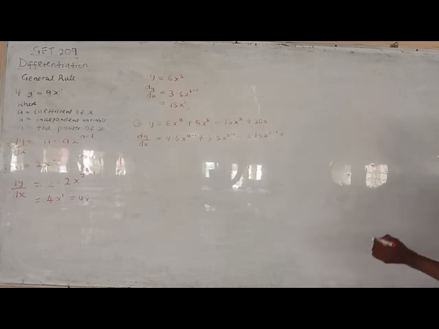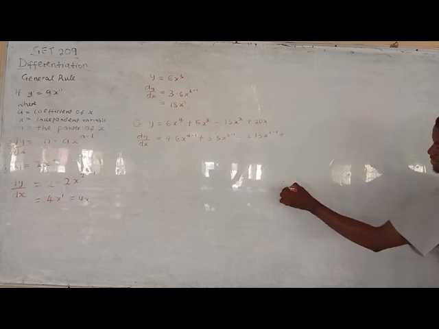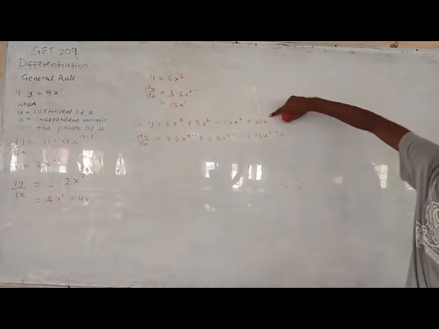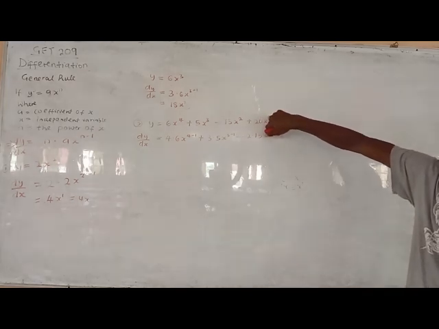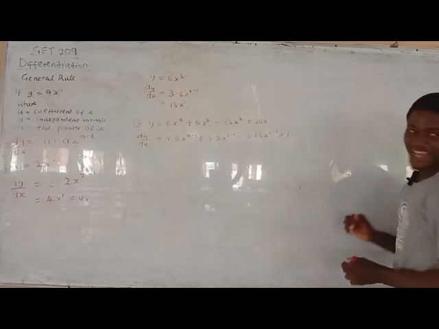Don't forget, we said something like x raised to power 1 equals x. So it means that x equals what? x raised to power 1. So since you have seen x here, it means there is a hidden raised to power 1 here. This one, you said x.